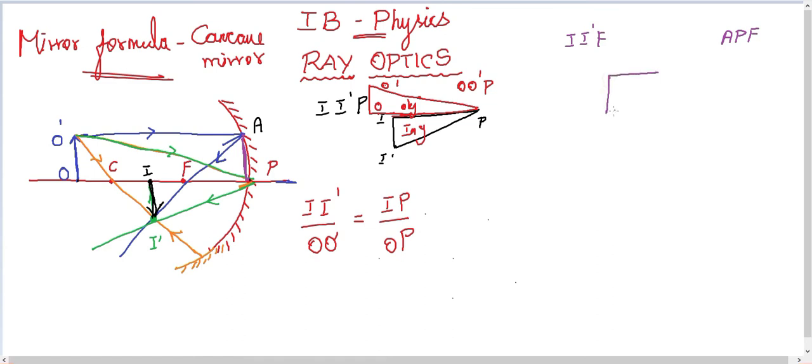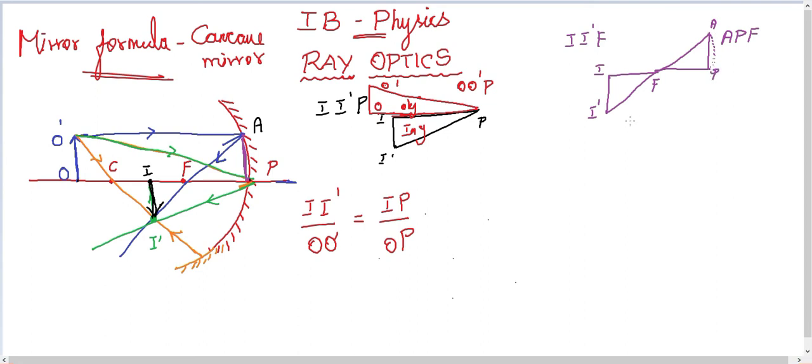This is I dash F. And next is APF. APF is continued here, right? This is APF. See here we have a small curvature. This can be neglected. To make it a right angle triangle, we have to do this, but it is not going to affect your answer. You will be getting a perfect answer. Okay, no issues.